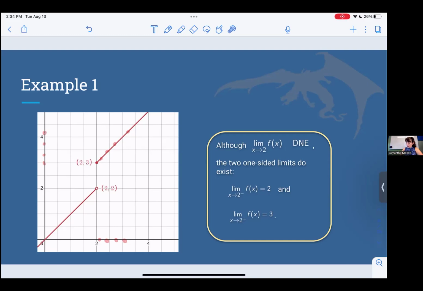So we say that the limit as x approaches 2 from the right of f of x is equal to 3. On the other hand, if we were approaching from the left-hand side, we let x get closer and closer to 2, and we look at the corresponding y values, they are getting closer and closer to 2. So the limit as x approaches 2 from the left of f of x equals 2. And again, because those don't match, we see that the overall limit does not exist.